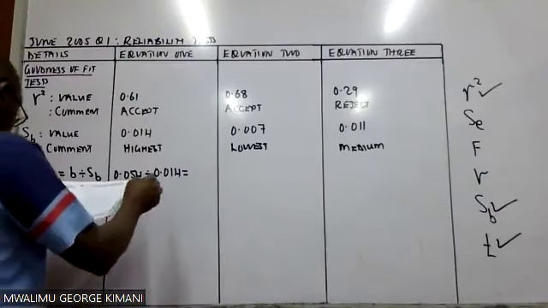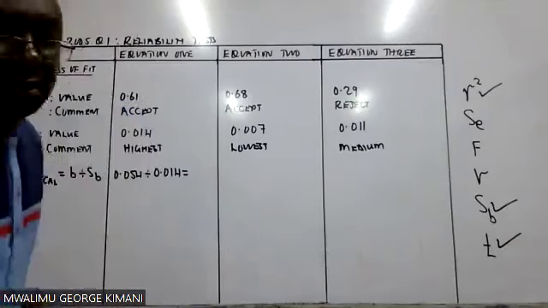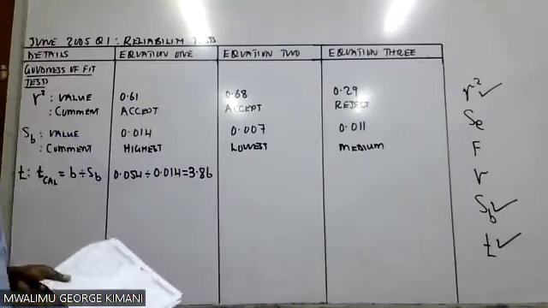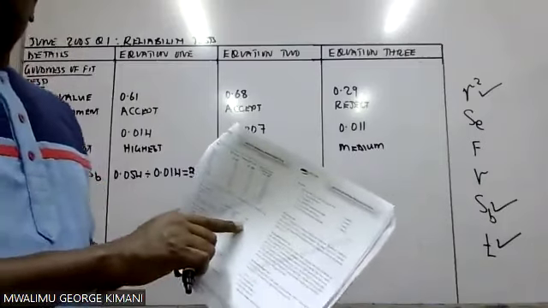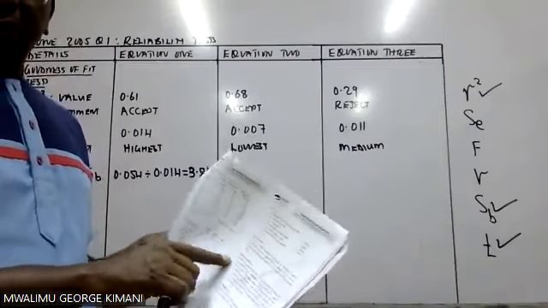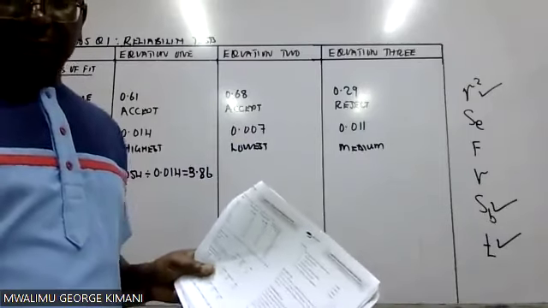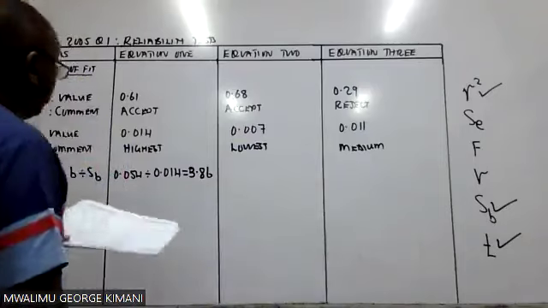So if it is 3.86, you can see the examiner has already computed for you, it is there. But I just wanted you to confirm the formula that I gave you, because not everywhere the examiner will have computed for you. So that is how you get it.